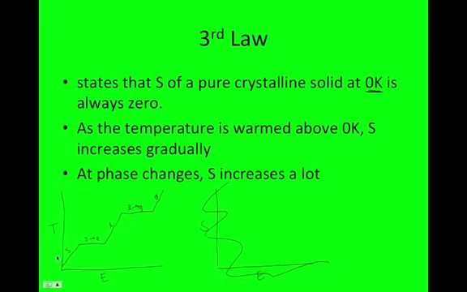I like yellow. And so entropy is going to be here, the S, in the yellow. And so what happens is as energy is applied to a solid, the entropy goes up just a little bit, not a whole lot. But then once this phase change starts, the entropy goes up a whole lot.